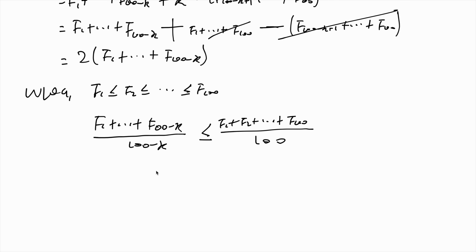So from here, we know that this is true, and our dissatisfaction level is less than or equal to this number. And we know that this is equal to R over 100.